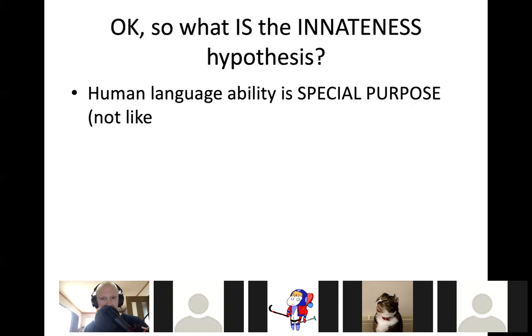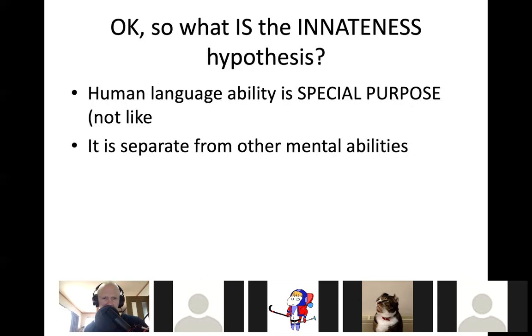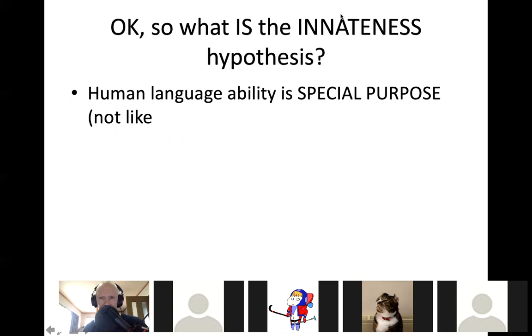And human language ability is special purpose, not like ordinary thinking. Sorry, I made a mistake here. It's separate from other mental abilities. I feel as if I should write something there now. I bet this messes me up. Okay, let's try it.